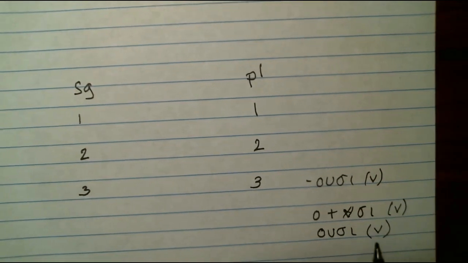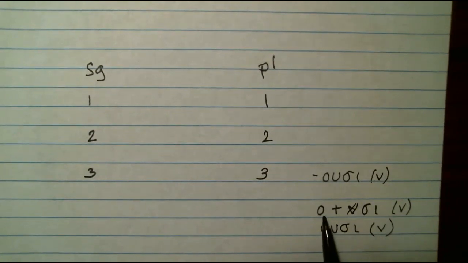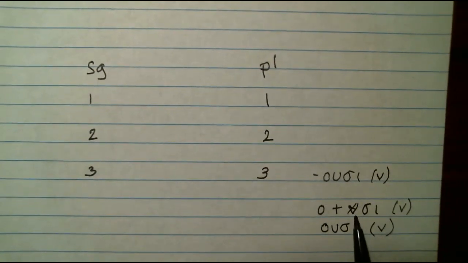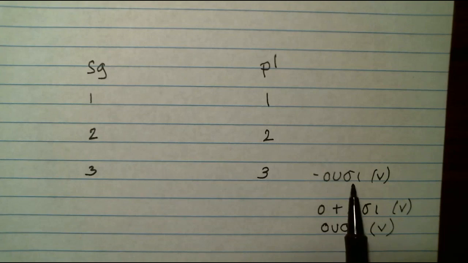Okay, so that's how you go from omicron plus nu sigma iota to -ousi, right? And again, you don't have to know that to understand that -ousi marks the third person plural, right?